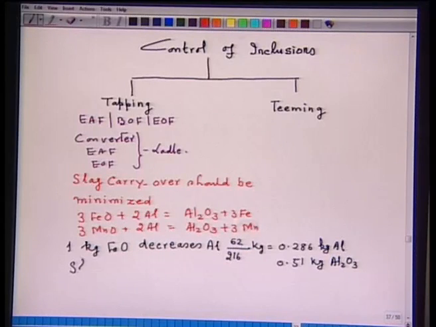So, my whole idea of calculating this is to emphasize the fact that during transfer of molten steel from the converter or electric arc furnace or energy optimizing furnace to the ladle, the slag carryover should be as minimum as possible. Therefore, what is important here is to adopt the methods which are called slag free tapping.